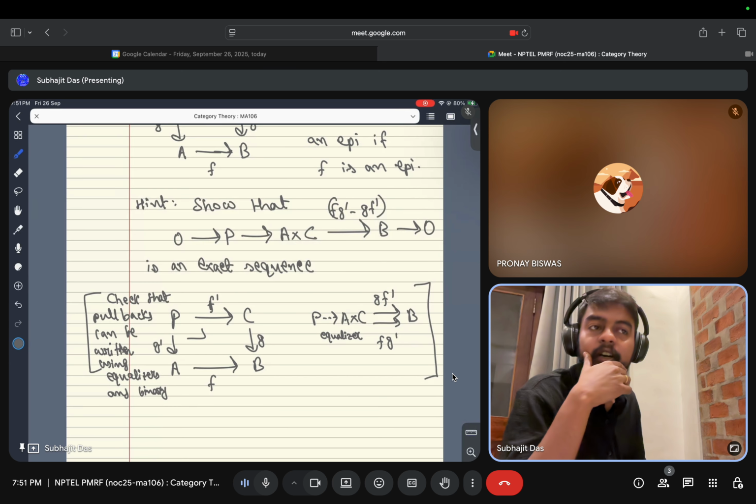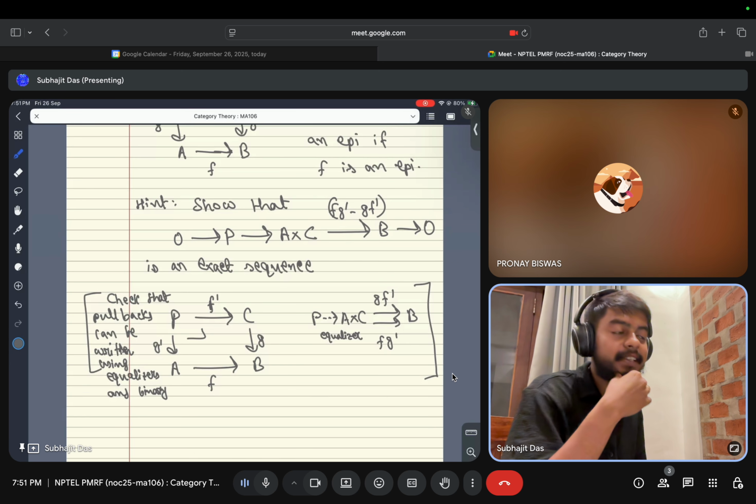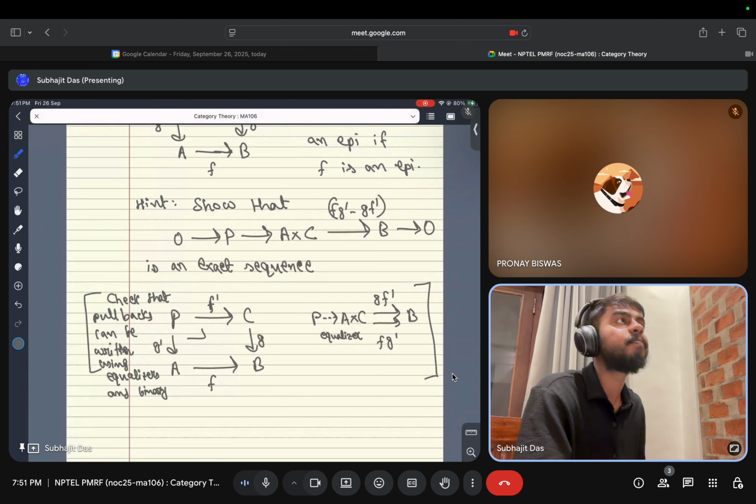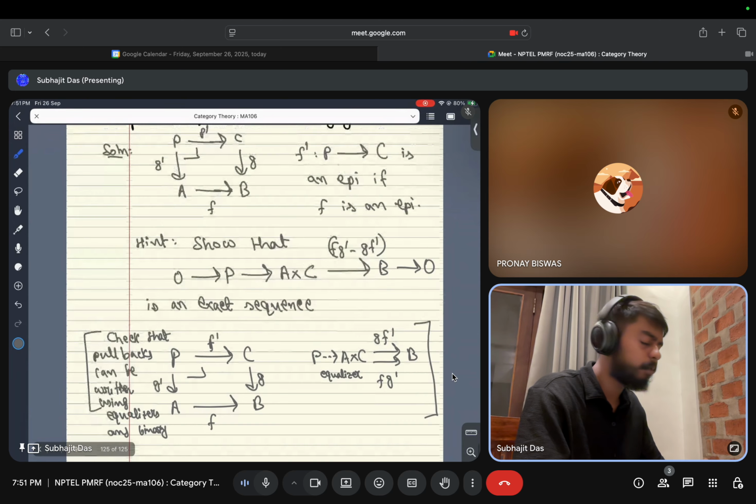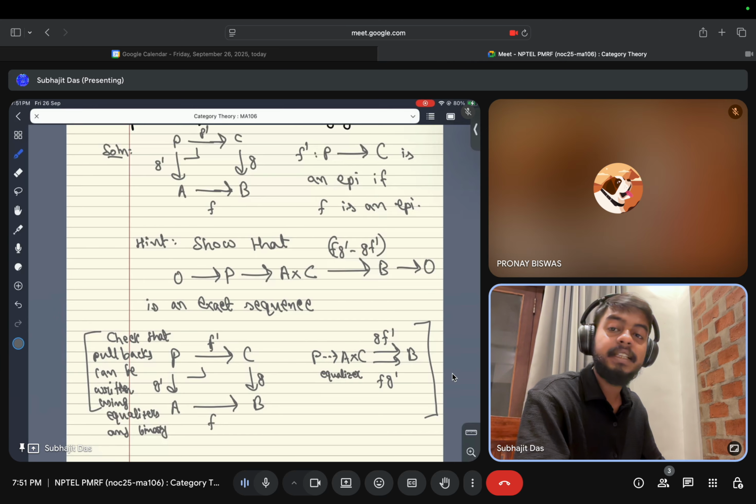So there is something called Doolittle squares in an abelian category. What are Doolittle squares? They are exactly squares which are both pullbacks as well as push-outs. I might be a bit wrong in this, but it probably holds that if F is an epimorphism, then this pullback square will also be a push-out in addition.